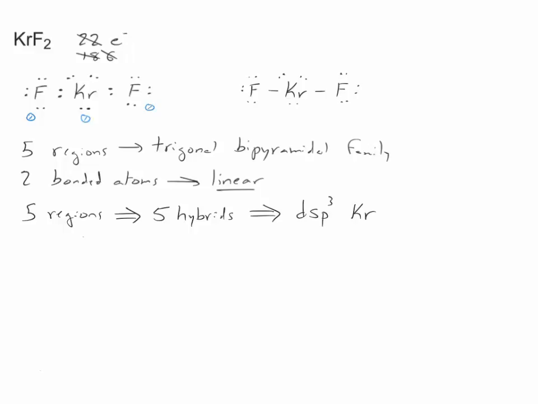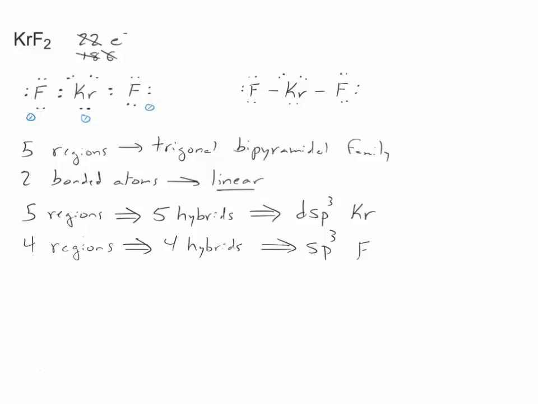So my krypton is dsp3 hybridized in this structure. Fluorine now. It has 1, 2, 3, 4 regions. Each fluorine has 4 regions of electrons. 4 regions means 4 hybrids. And what has 4 hybrids? The sp3 hybridization. So the fluorines are sp3 hybridized.